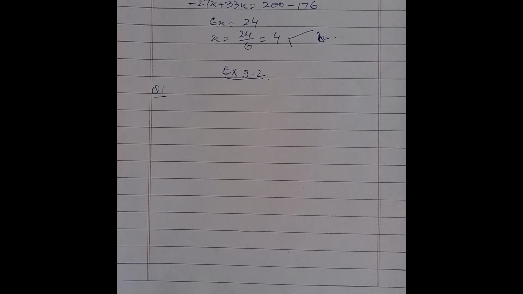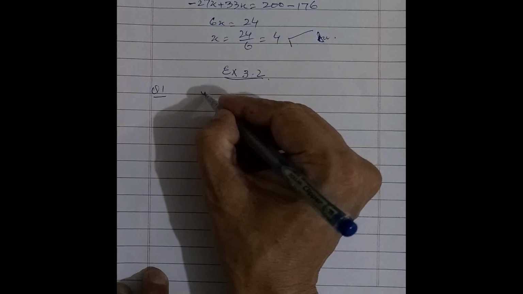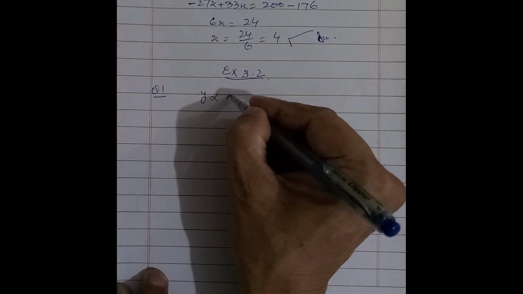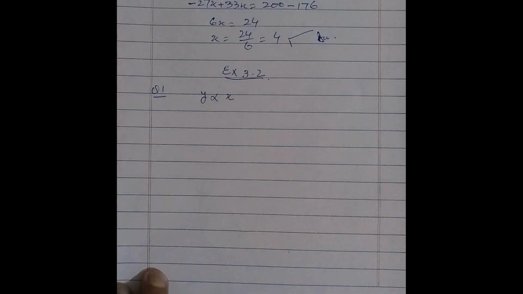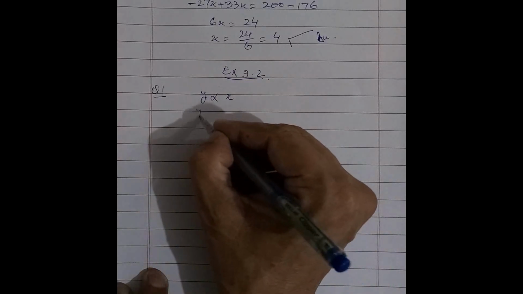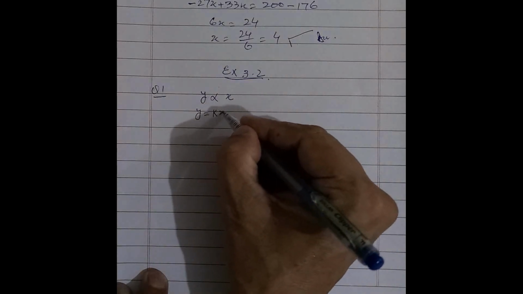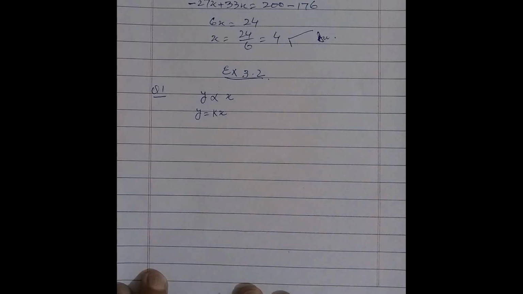As I told, both direct proportion and inverse proportion are solved by the same method. Now start. y is directly proportional to x. The next step is y is equal to kx, where k is a constant, and the value of k is constant just for question 1.